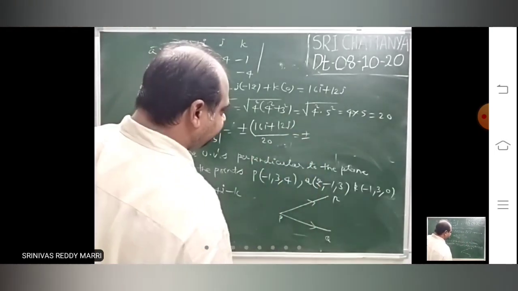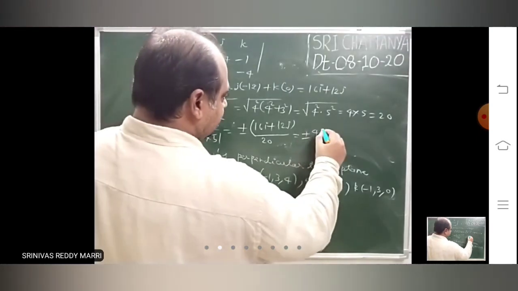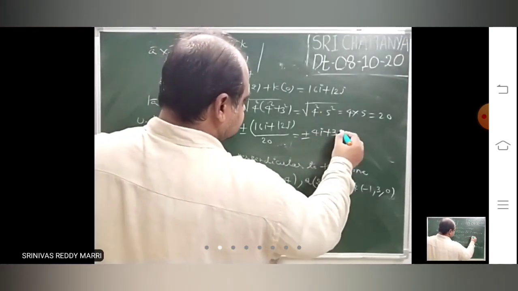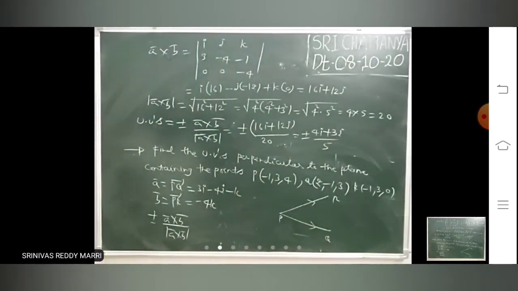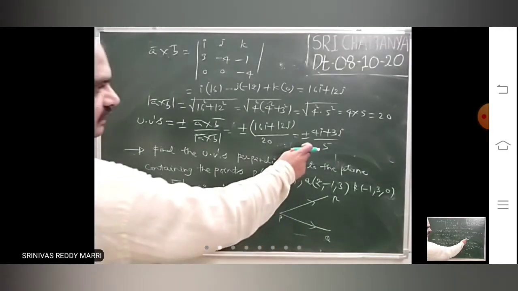You can strike off 4, that means plus or minus 4i plus 3j divided by 5. These are the unit vectors.